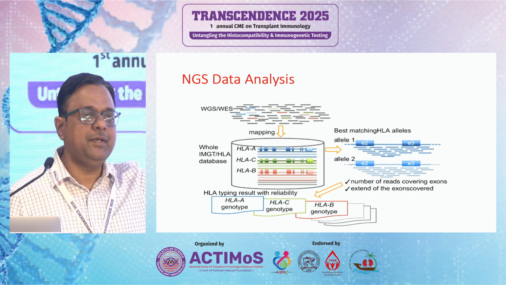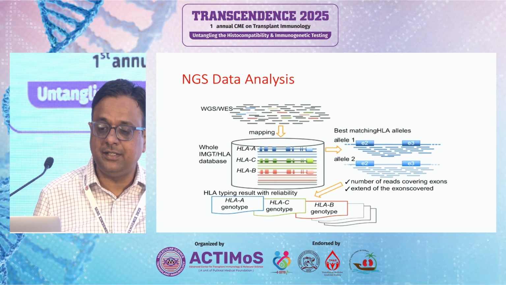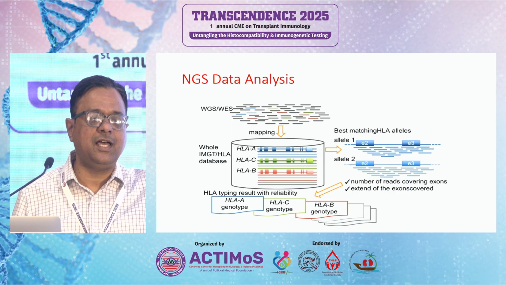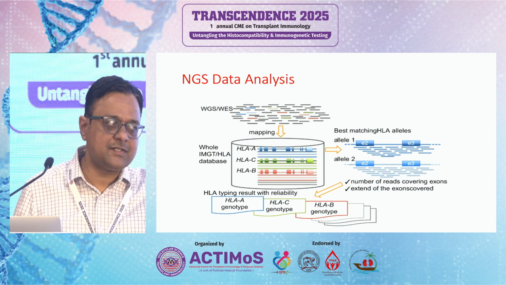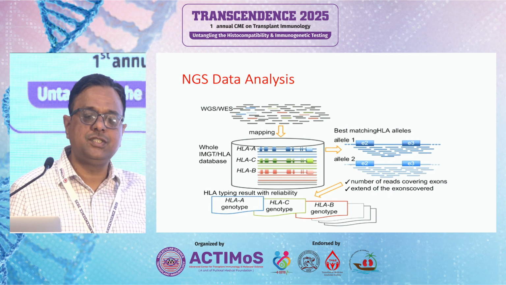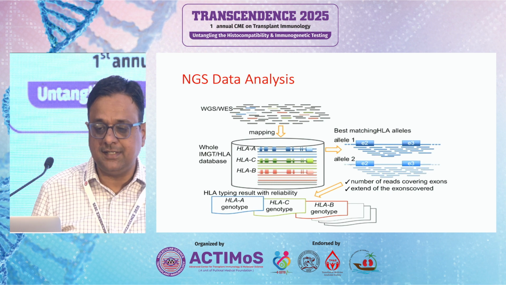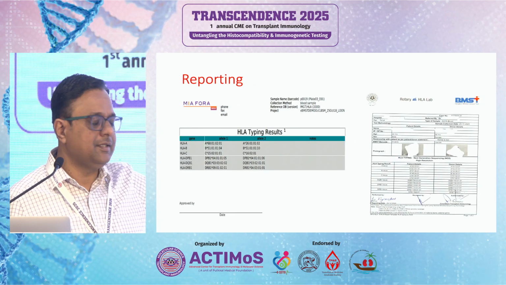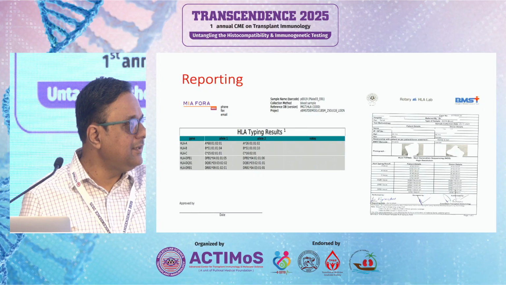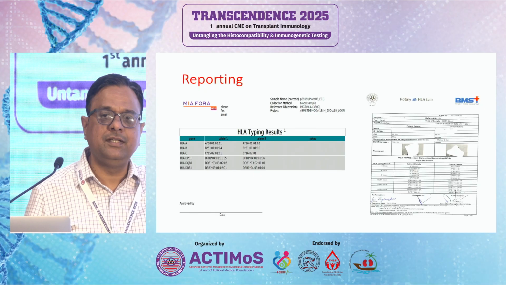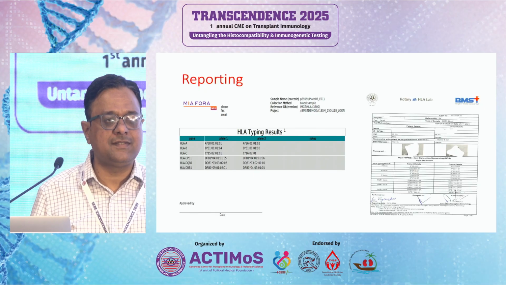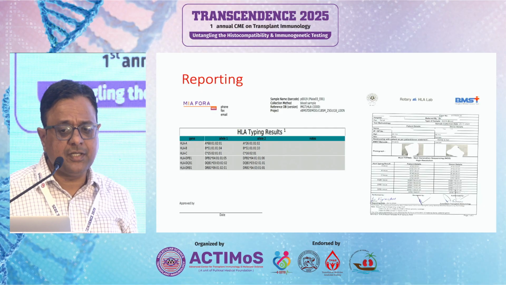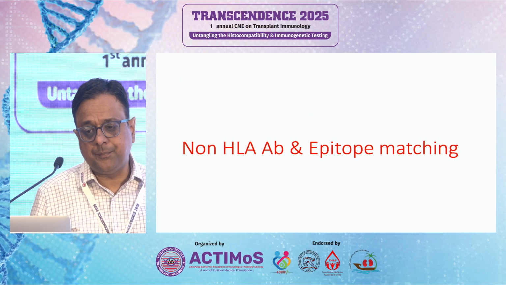This sequence is matched with the IMGT database, and with the help of software and our servers, we finally define which genotype for A, B, and C belongs to the donor and the patient. This is how the information comes from the system, and this is how the reports look, with minimum 4-digit or 6-digit typing information.